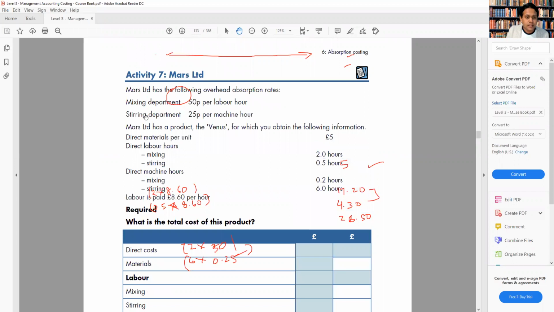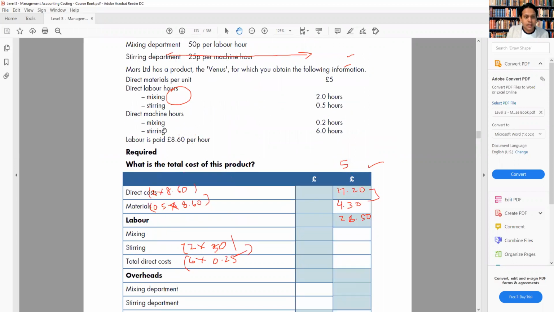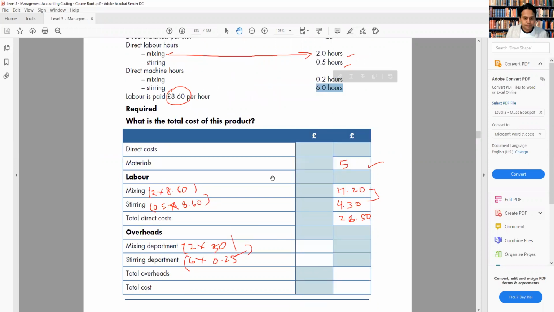But on the other hand, the string department basically needs the machine hour. So we need the machine hour, that is 6 hours. So that's why we are not taking this 0.2, we are taking the 2, because the question tells us to use the overhead absorption rate based on the machine hour for the string.